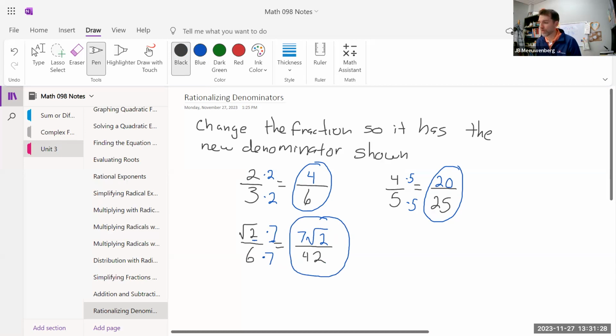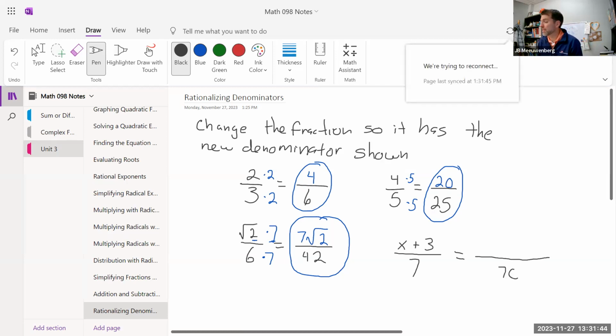What if I give you a fraction that has a binomial in the top, like x plus 3 over 7? And my only instruction is change that so it is a fraction with a denominator of 70. Well, let's see. You would notice that you're multiplying 7 times 10 to get 70.